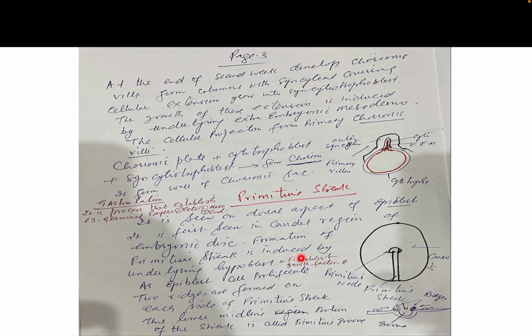Formation of the primitive streak is induced by the underlying hypoblast. The hypoblast produces signals, and the signal from the hypoblast induces the formation of the streak. Another thing which also induces this streak is fibroblast growth factor 8.